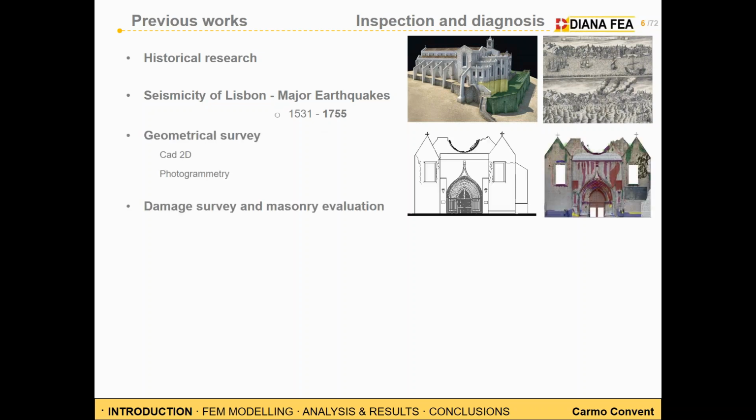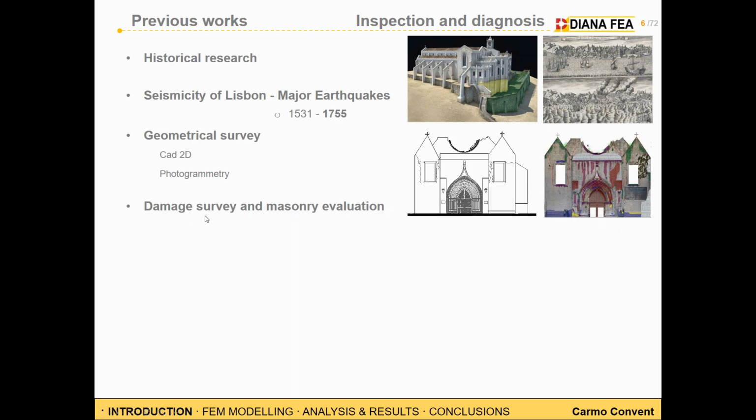As previous work, in order to understand the destruction and be aware of the complexity of the geometry, we performed a photogrammetry and many drawings in order to have a kind of plan from where to start to model in Diana environment.